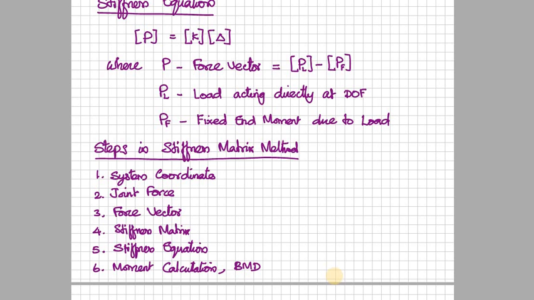The next step is to formulate the stiffness matrix by applying unit rotation or unit displacement. Next, we apply the stiffness equations. Once we have the displacements, theta and delta, we can apply the slope deflection equation to get the moment. So these were the simple steps involved in the stiffness matrix method. So this is the end of this lecture.